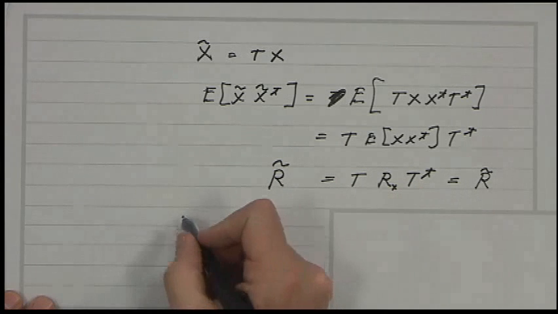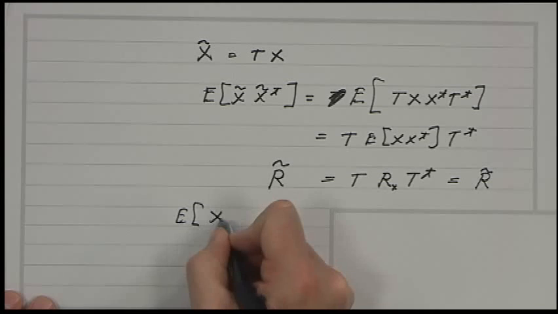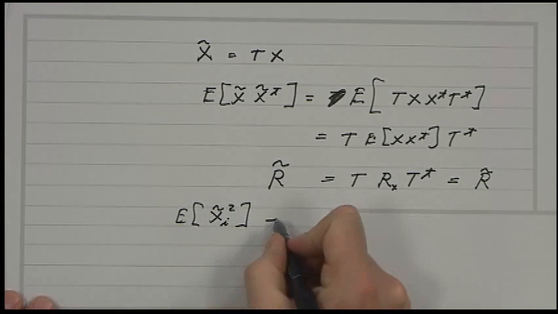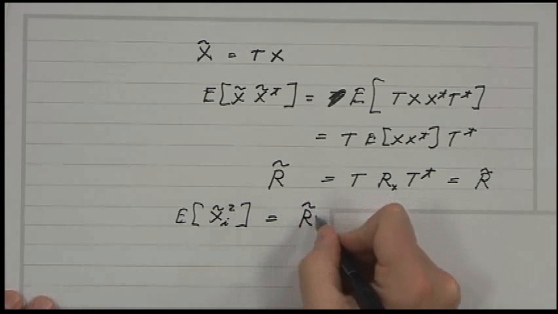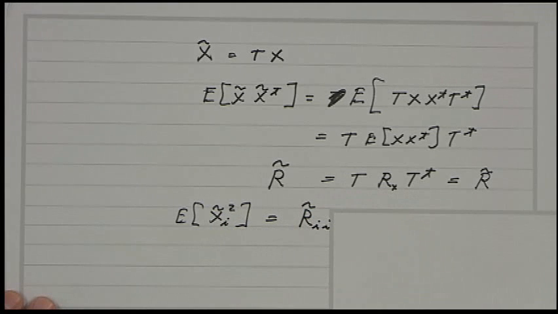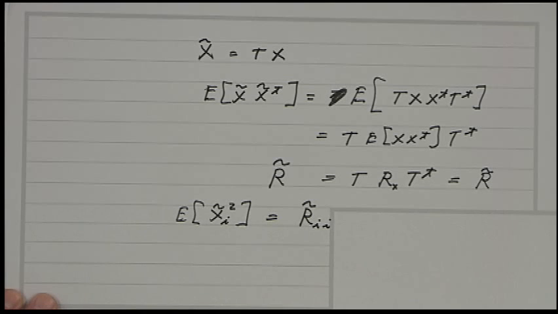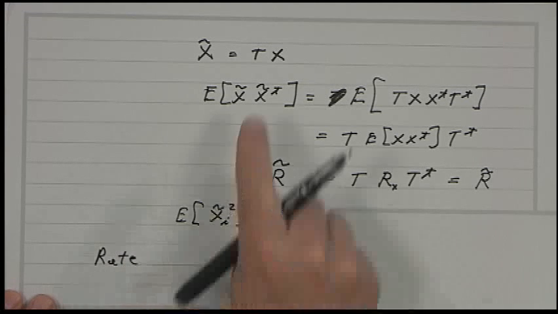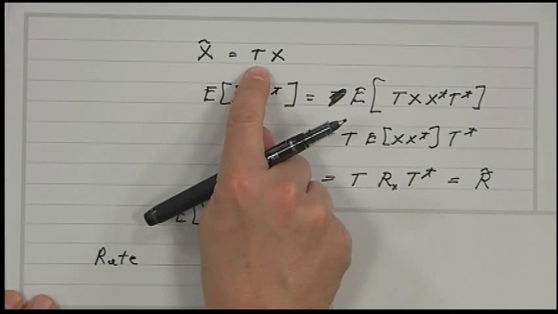Now, if I ask myself, what's the expected value of x tilde i squared, so the ith component, it's going to be equal to r tilde ii. Right? So it's the ith diagonal element of r tilde. So in this case, let's say I don't use the decorrelating transform, I use just some other transform or no transform, it's t.